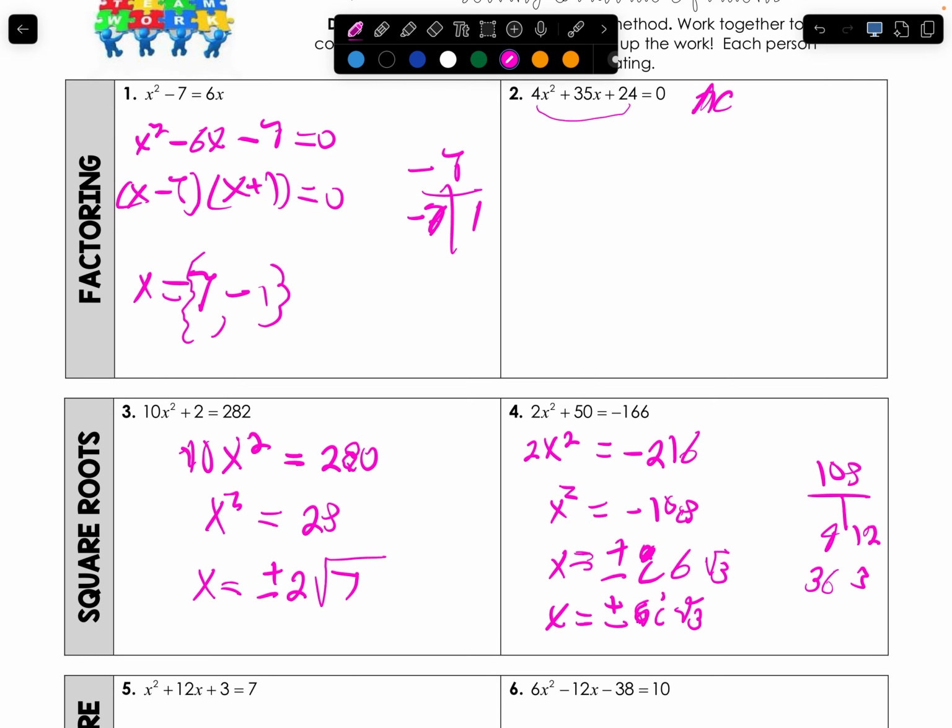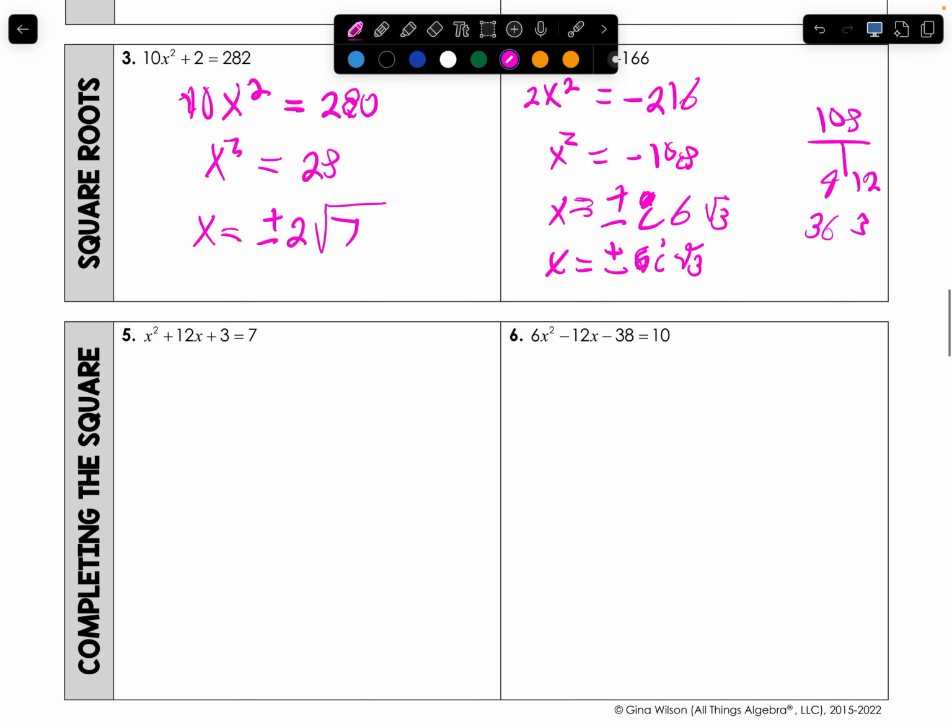Okay, something like that. Completing the square. So x squared plus 12x, half of the 12 is 6. So you get 36, 6 times 6, equals 7 minus 3 is 4. And we had to add 36 to both sides, right? So we got 40 over there. Right, and here we got x plus 6 squared.